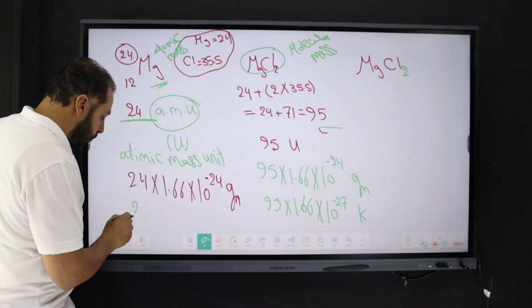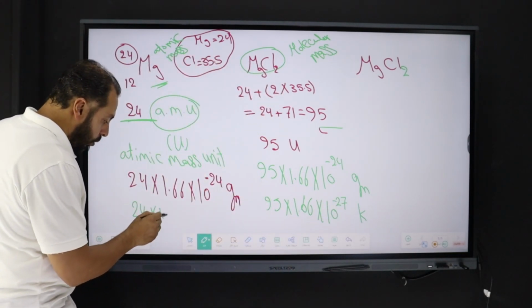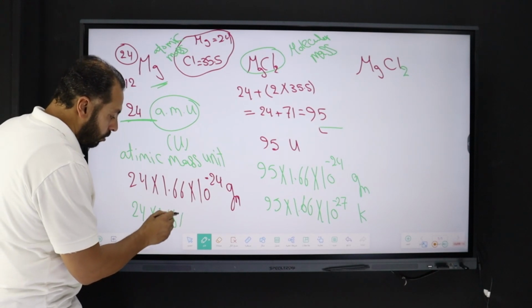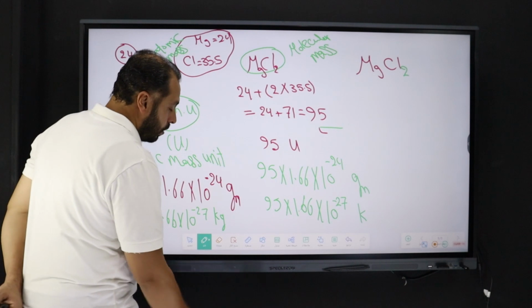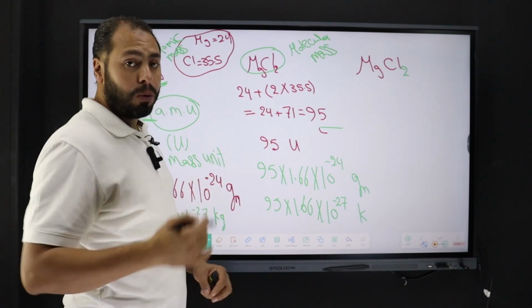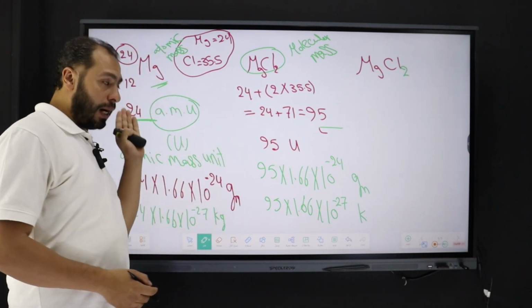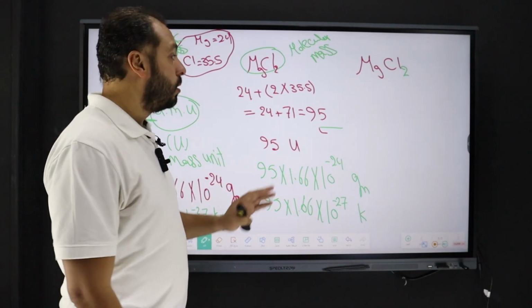And also here 24 times 1.66 times 10 power negative 27 kilogram. This is the meaning of the atomic mass for each one of them, atom and molecule or formula unit.